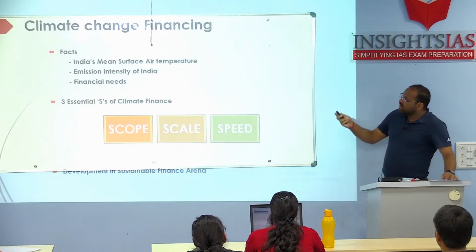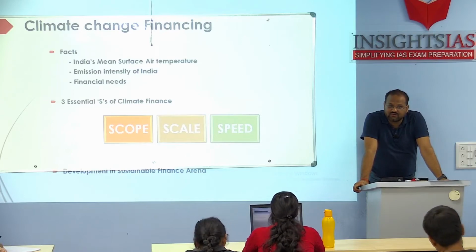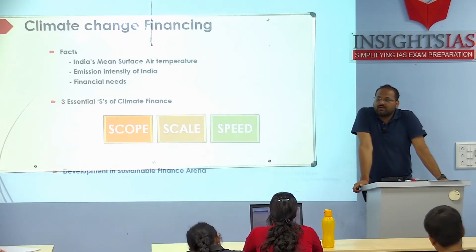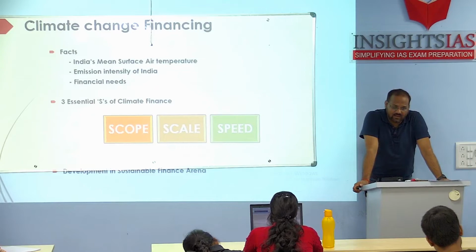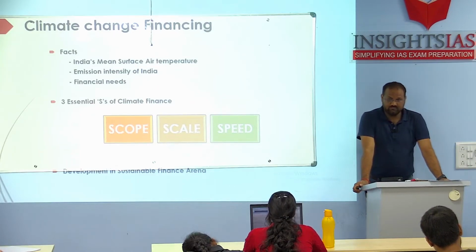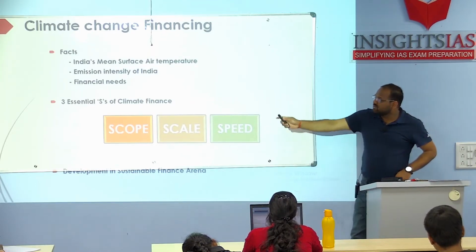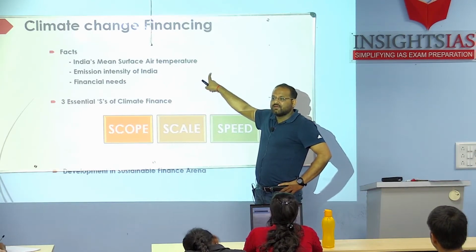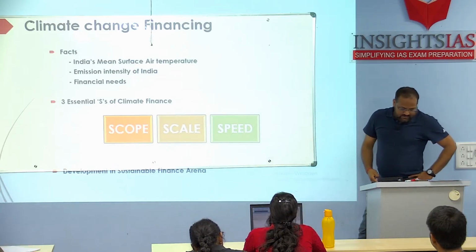First, let's have a look at India's mean surface air temperature. It has increased by 0.41 degree centigrade, around 0.5 degree centigrade, significantly above normal, in the year 2018.